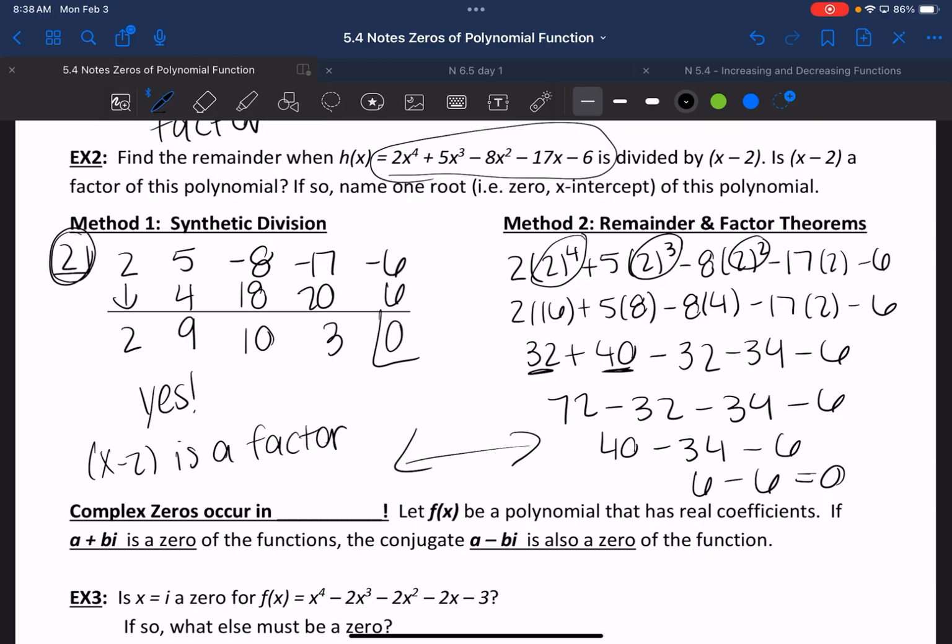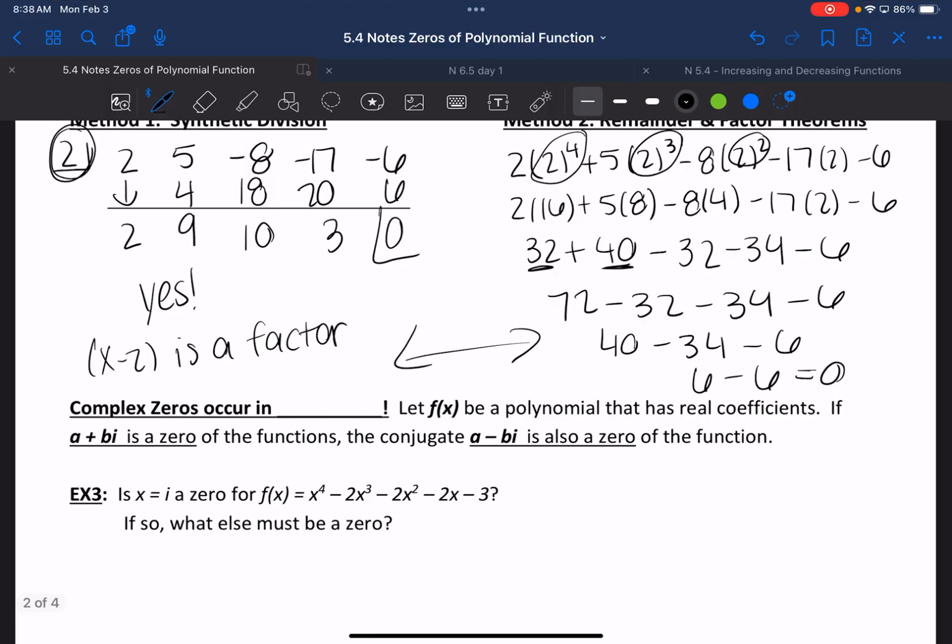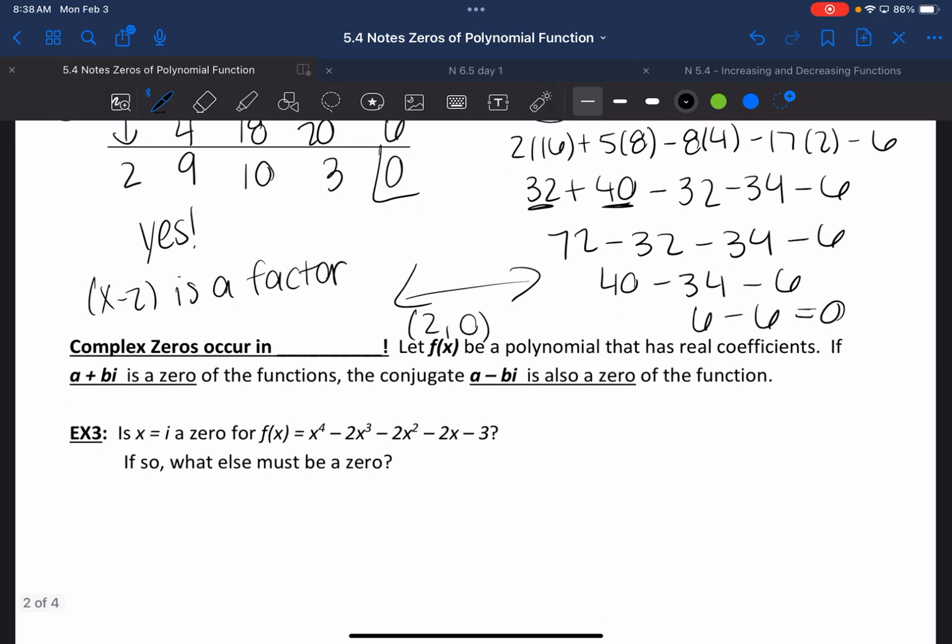Okay, this tells us the factor is x minus 2, so that tells us that we actually have the coordinate point 2, 0 as a 0 or a root, right? Okay. All right. Now, like we said on the front, if we are using that rule that says the degree matches the number of zeros in our equation, some of them might be imaginary numbers, right?